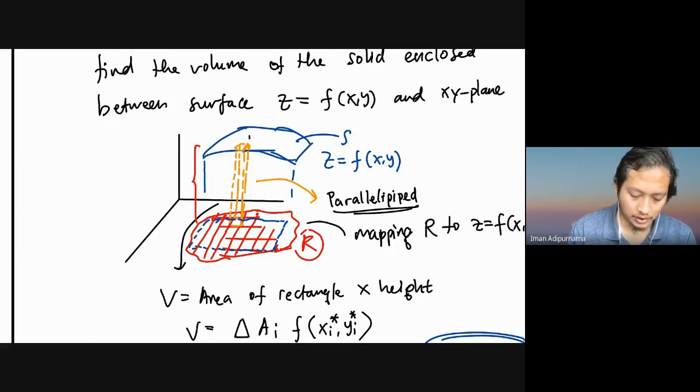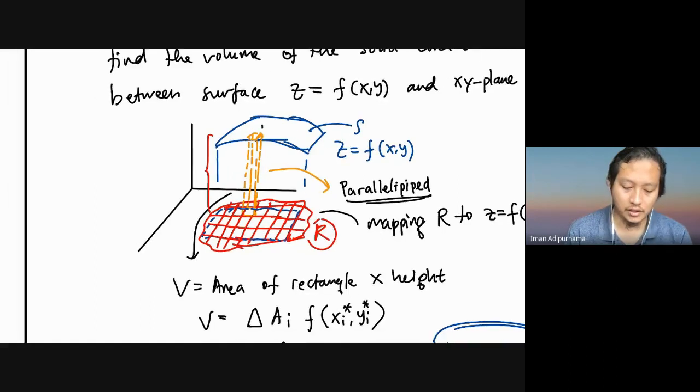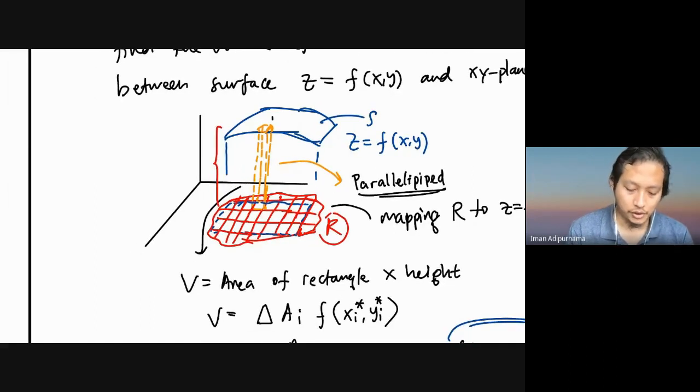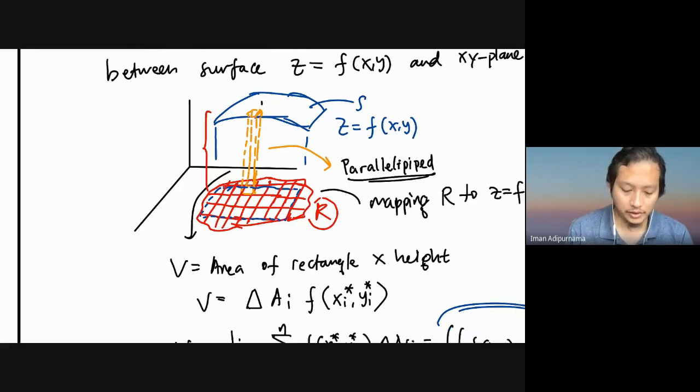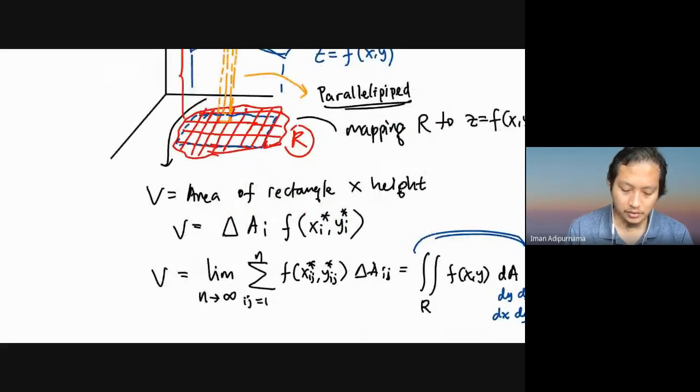You can make a small rectangular shape out of this region R, and then with the projections from the surface, you can approximately find the volume, right? And this will be your approach.